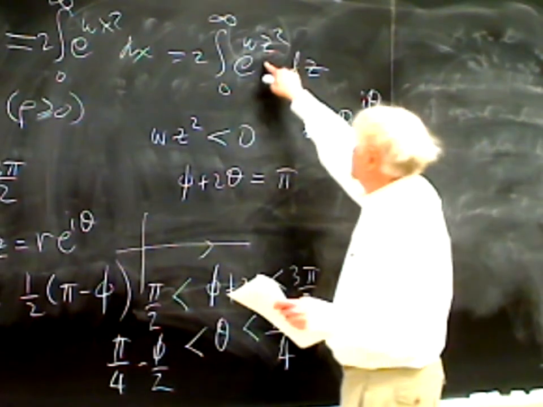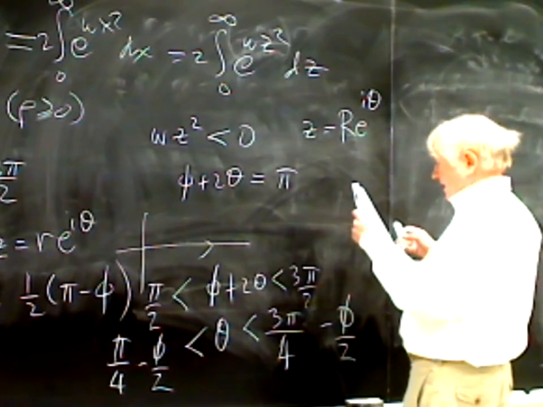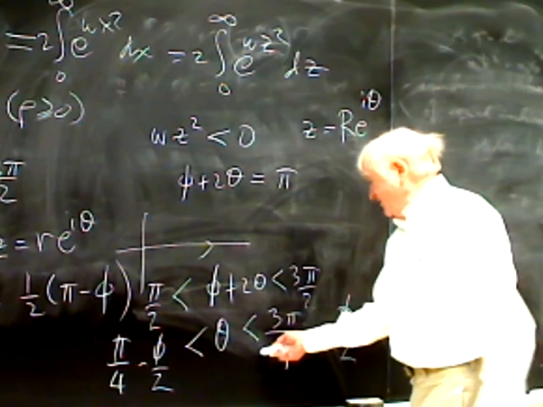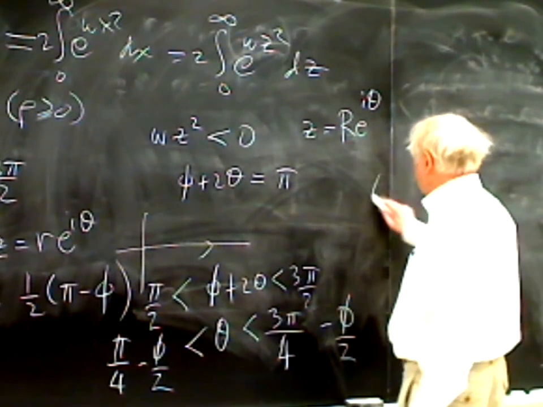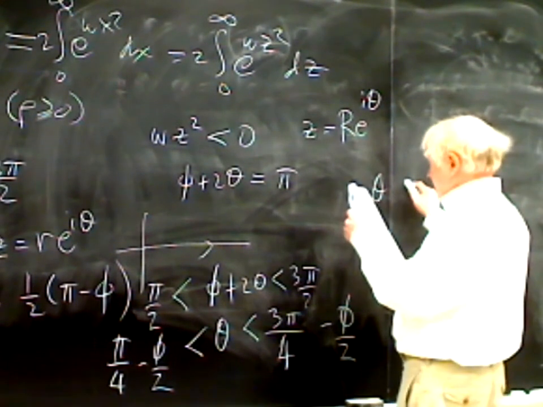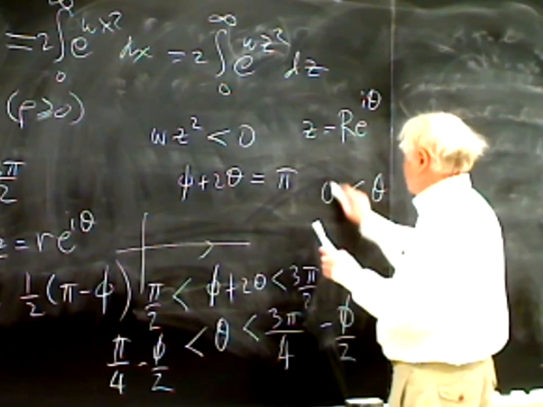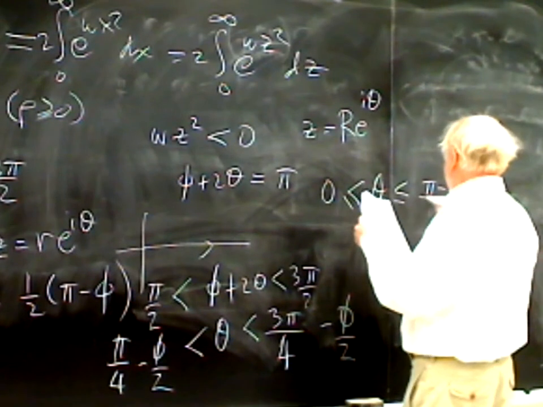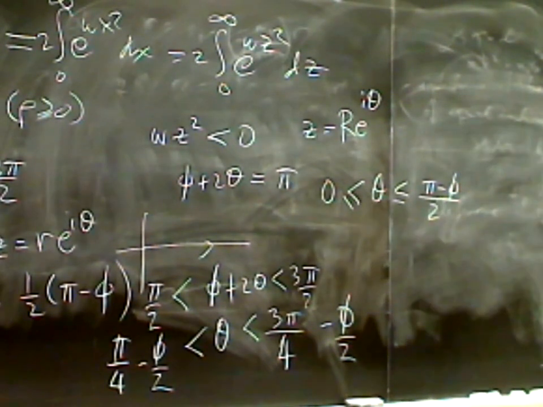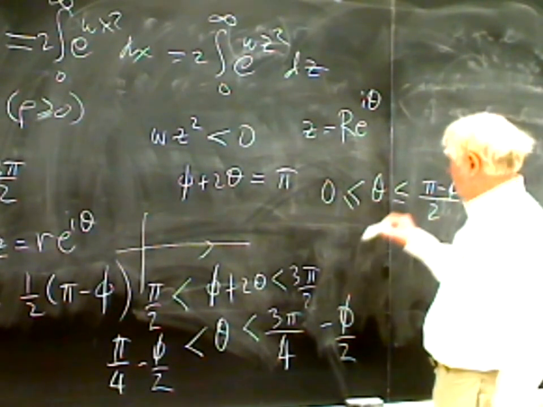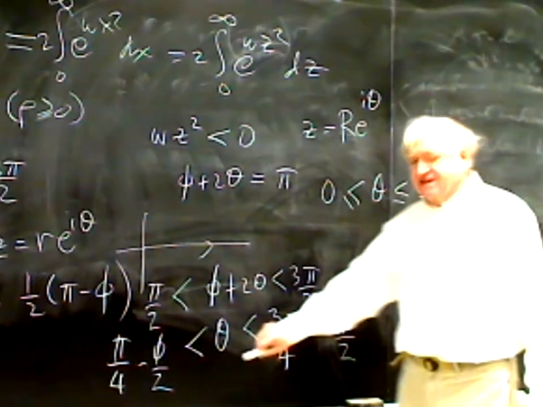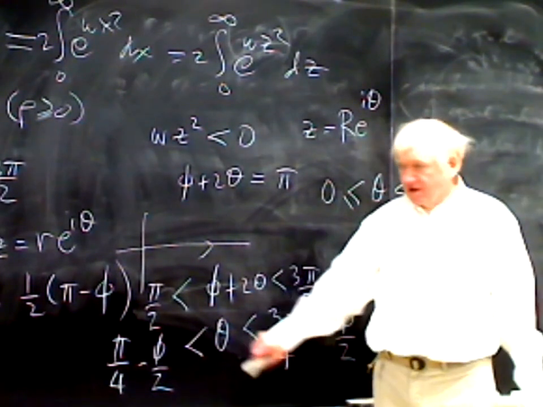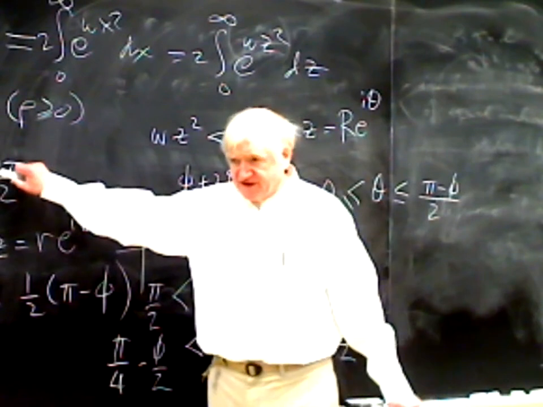The real part of w z squared will be negative as long as theta satisfies this, and in particular, it will be true if theta is greater than or equal to 0 and less than or equal to pi minus phi over 2. So in other words, this interval lies inside that interval. And the reason for that is that phi lies there.